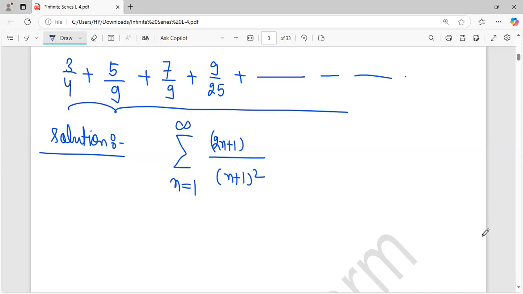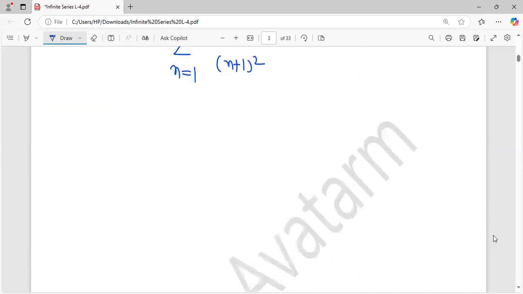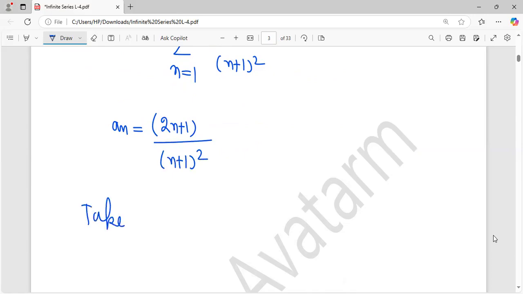So what is a_n? a_n is (2n plus 1) upon (n plus 1) whole square. Now take b_n. Take b_n equal to 1 upon n.